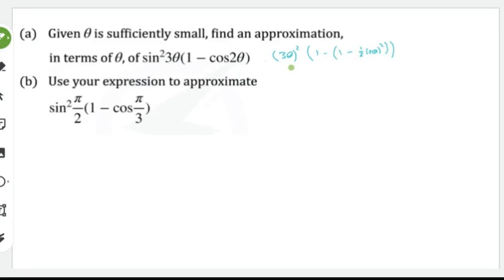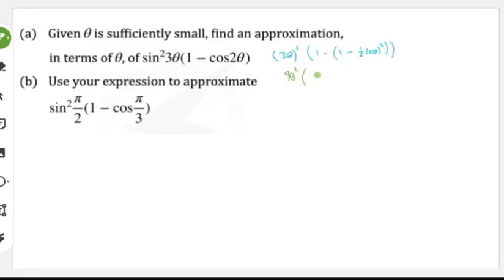And then I'm going to square it to say 9 theta squared times, well, 1 minus 1 is just nothing. So then I have minus minus.